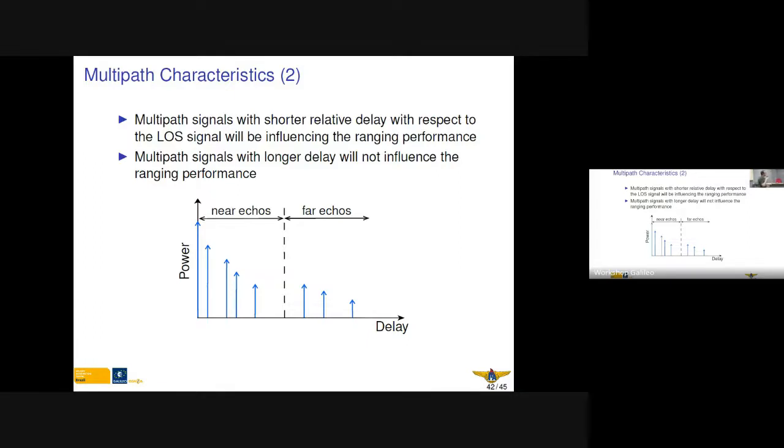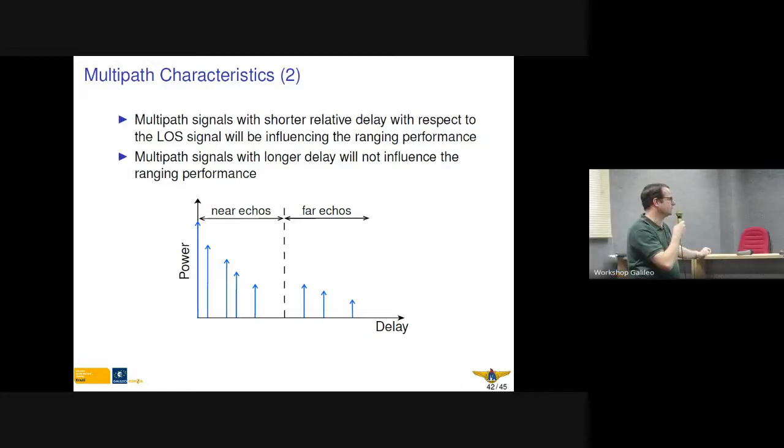And then we have also these far echoes. Multipath signals with longer delay will not influence the ranging performance, and this is what we call far echoes here.